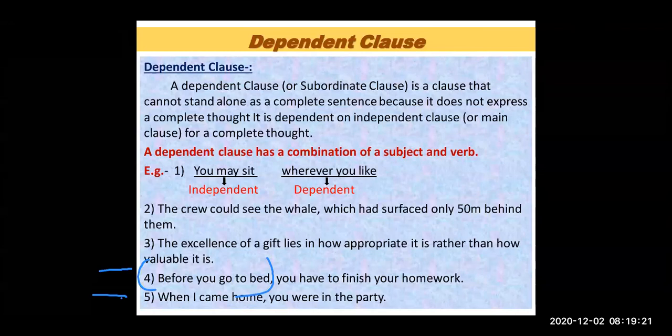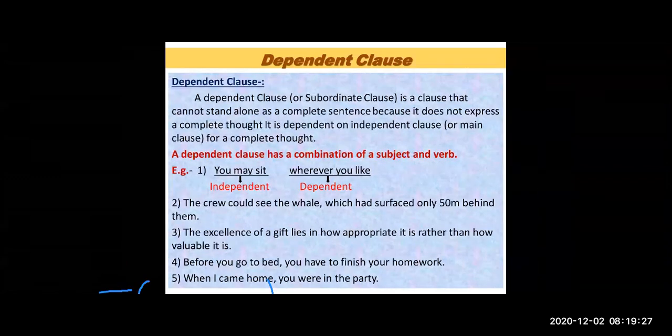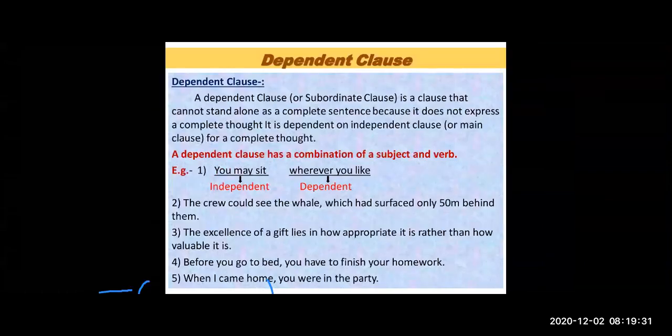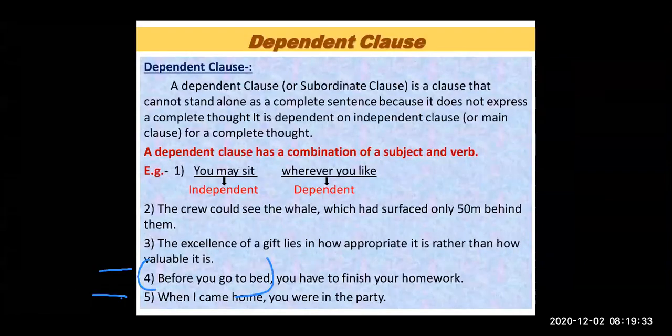If we are writing only this, when I came home, this is the dependent clause. Which sentence is it dependent on? You were in the party. Now, you were in the party is the independent clause. So these are the examples we have seen about the dependent clause.